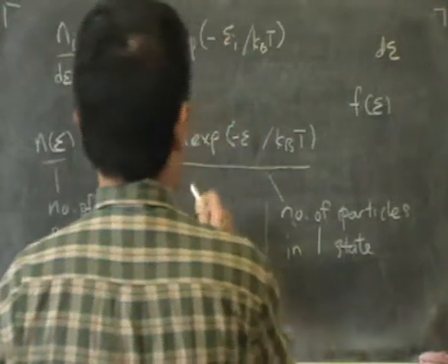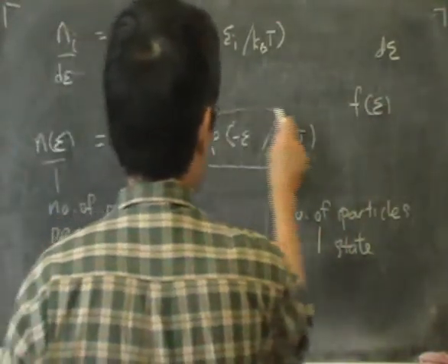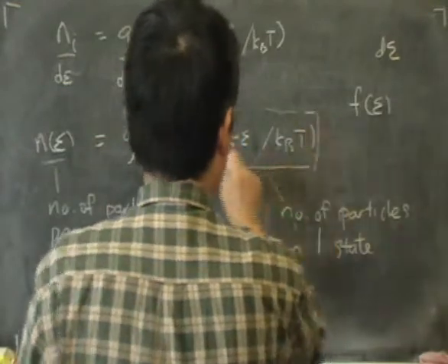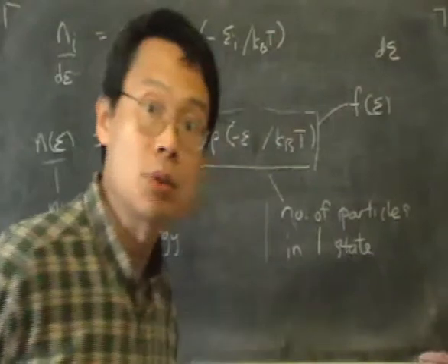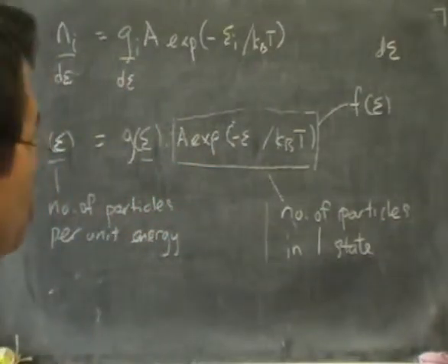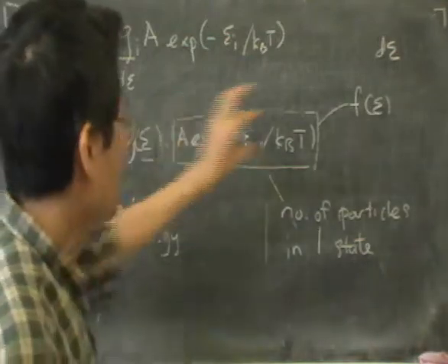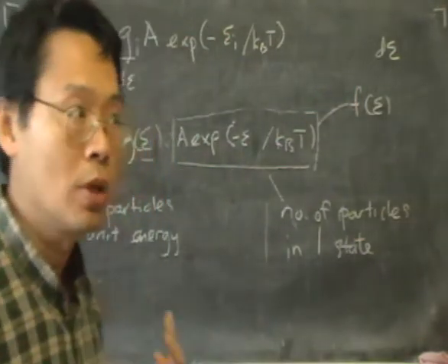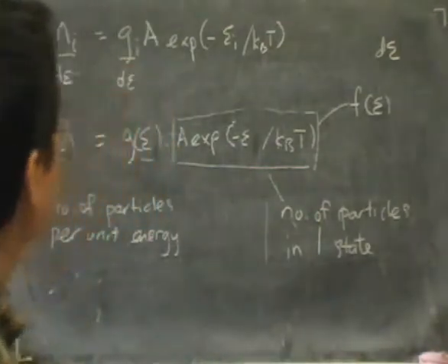So in this ideal gas case, this Boltzmann distribution is the part that corresponds to f(e). So this is useful to know because a lot of the ways of managing these three terms is the same for all the other distributions as well.